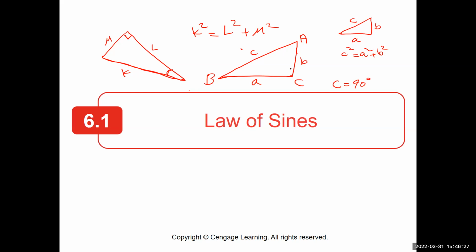Also, if I'm looking for angle B, this is going to be the opposite, this is the adjacent, and this is the hypotenuse. Then sine of B equals opposite over hypotenuse. Looking at the triangle, that is b over c.